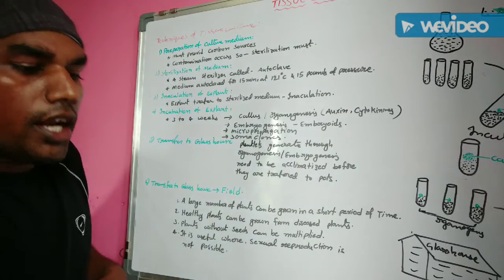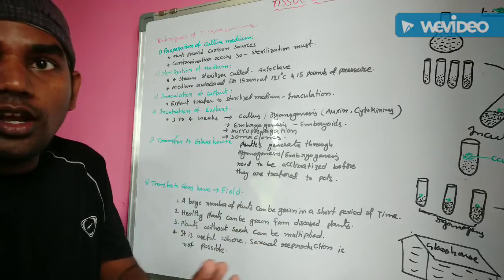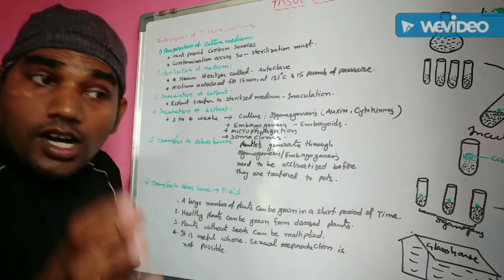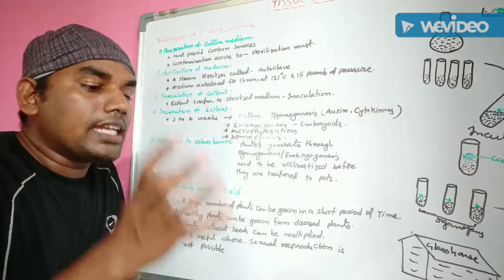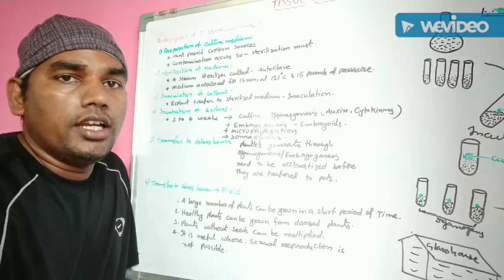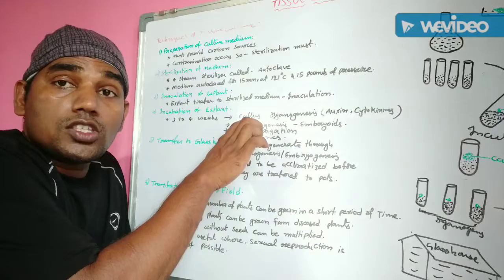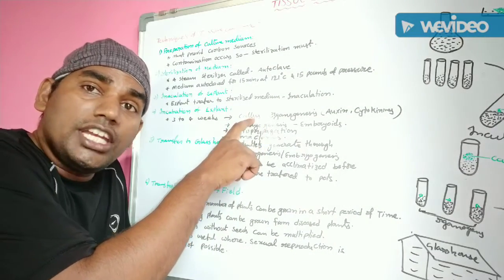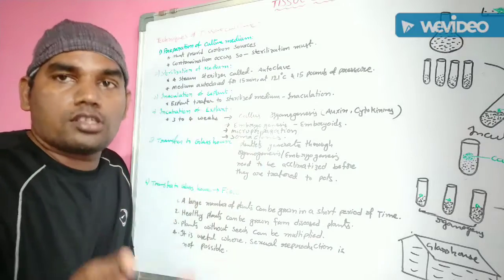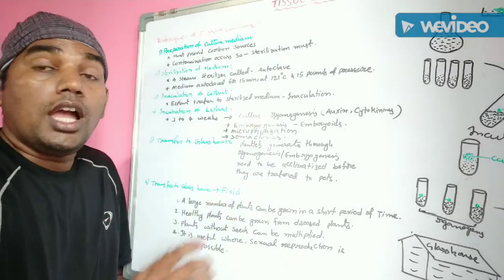It is an irregular, unorganized and undifferentiated mass of actively dividing cells. That undifferentiated mass of tissue is known as callus. Okay, the callus is formed.